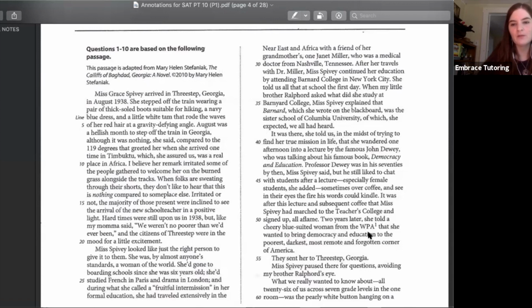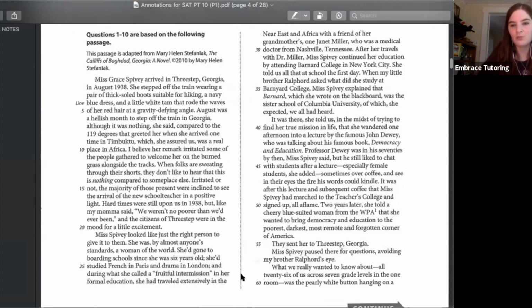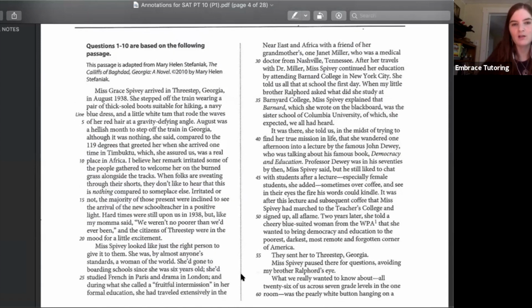There's so much information that you want to make sure you have circled and underlined. And if you haven't, you're going to miss out on figuring out where things are. In this one in particular, there are a lot of dates and numbers, like 119 degrees.